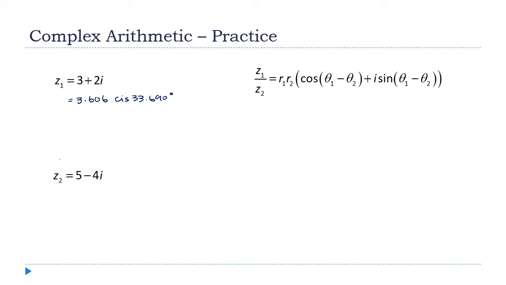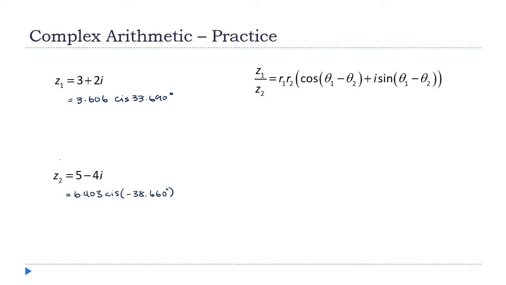And for Z2, this would be the square root of 25 plus 16, that's 41, which comes out to 6.403 cis negative 38.660. And I'm fine with a negative angle here. If you go over 5, down negative 4, that's in the fourth quadrant. That negative 38 degrees is a fourth quadrant angle, so I'm fine with that.